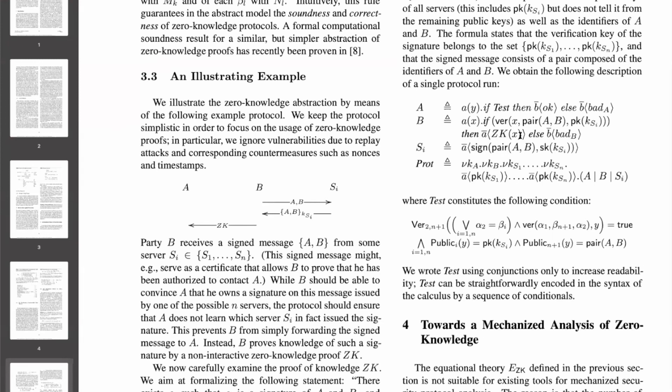So what they're doing is abstracting away the specifics of the zero knowledge itself, and they just say, "I've got some zero knowledge apparatus." So this is at a higher level than the level that I've been working at, where I'm trying to identify the apparatus.